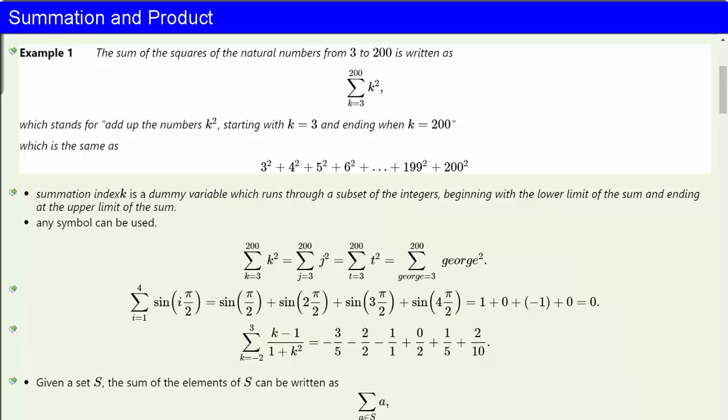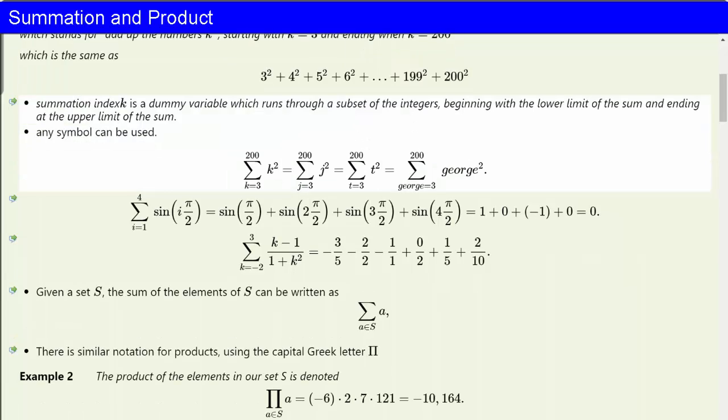And this stands for the command "add up the numbers k squared starting with k equal 3 and ending with k equal 200." So that compact expression stands for the very long sum 3 squared plus 4 squared plus ... up to 200 squared, as we wrote before.